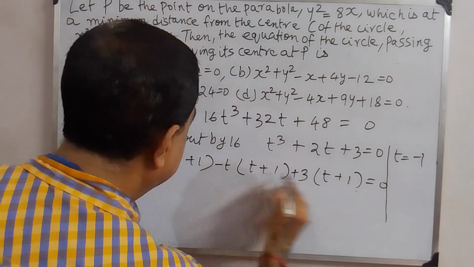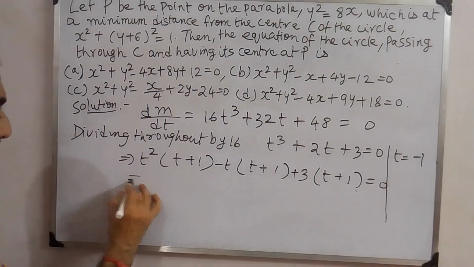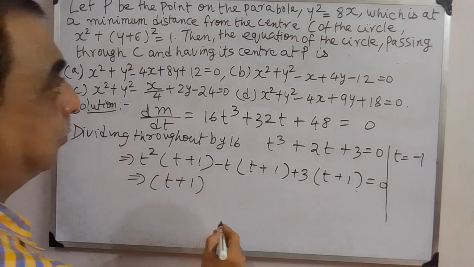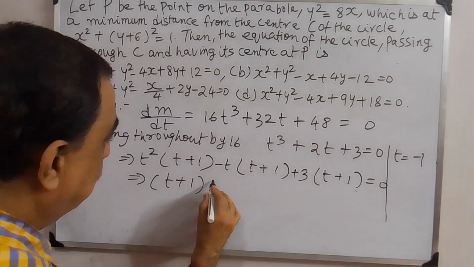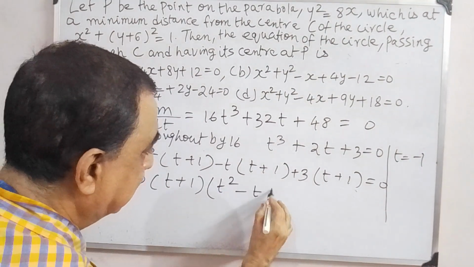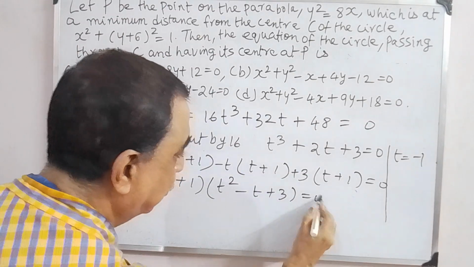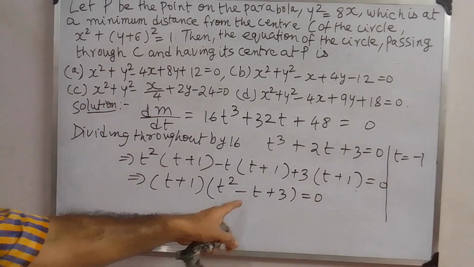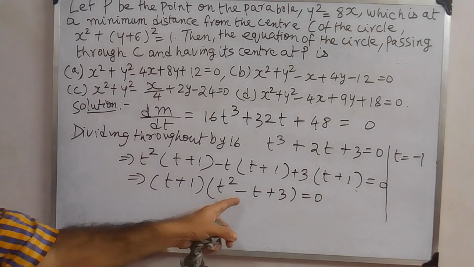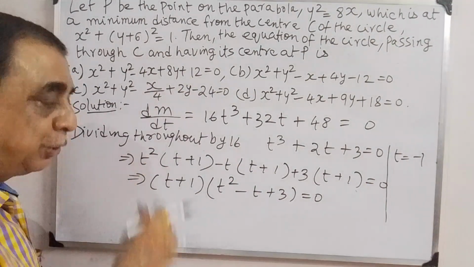Now take t plus 1 common from here. So what is left inside the other bracket? t squared minus t plus 3 is equal to 0. So this is the other expression: t plus 1 into t squared minus t plus 3 is equal to 0.